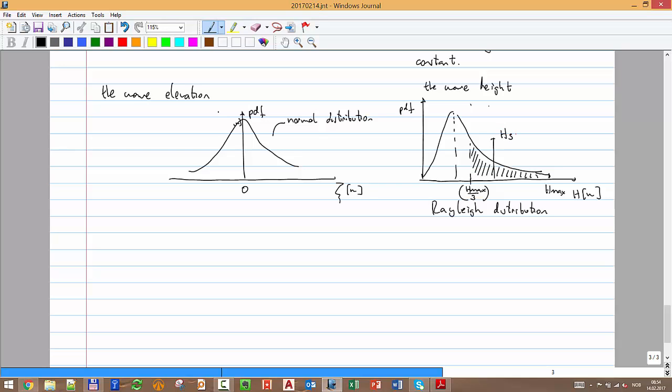You take the maximum wave height, you take 1/3 of that, then you define a range, and then you integrate on that area, and you find the average wave height, and that's what we call the significant height.